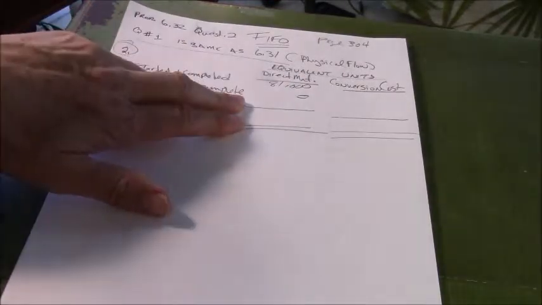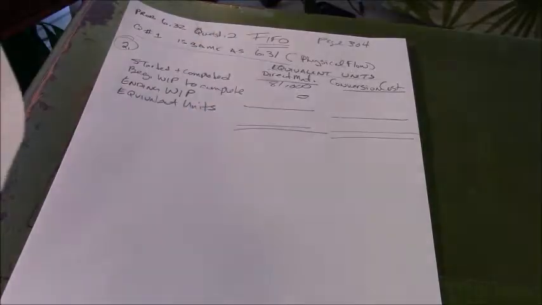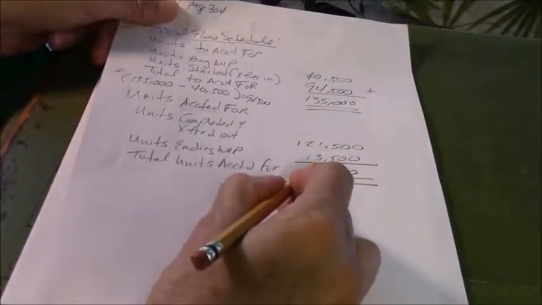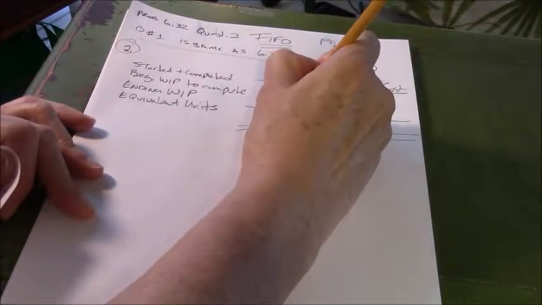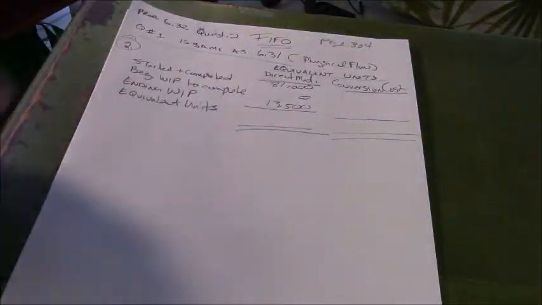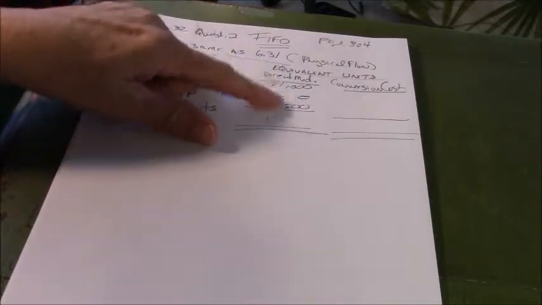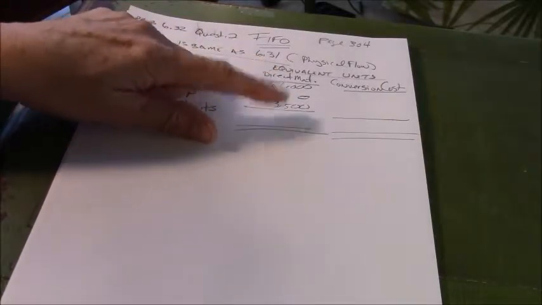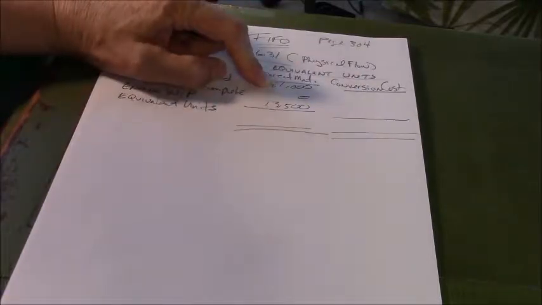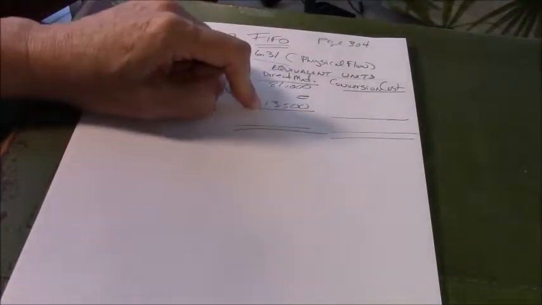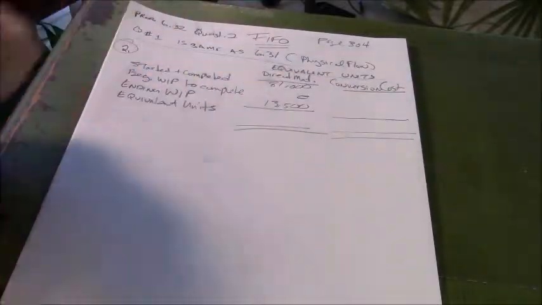And ending work in process, we know what ending work in process was. That was 13,500, right? So 13,500 has all its direct materials, so we can say we used that during the month. So during the month we started and finished 81,000, and we started 13,500, but they have all their direct materials.